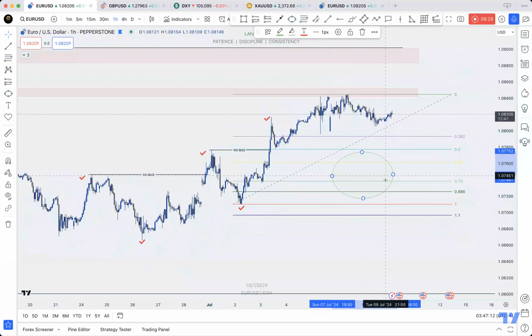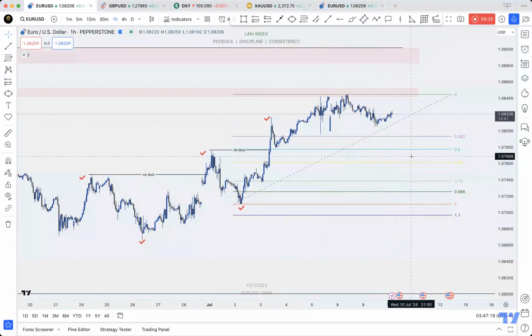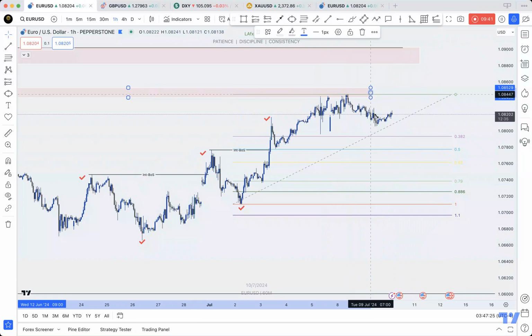Now per structure, I'm looking to have a reaction around this area, right? That's if the supply is holding. I'm of the conviction that if the supply holds, we will not be able to sell past this area because we're still bullish. So come down to this area to actually see what is going on here.